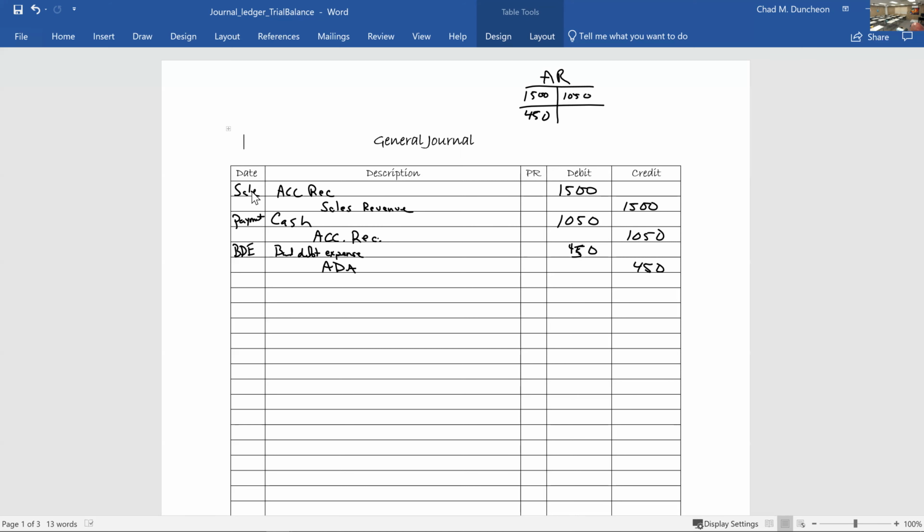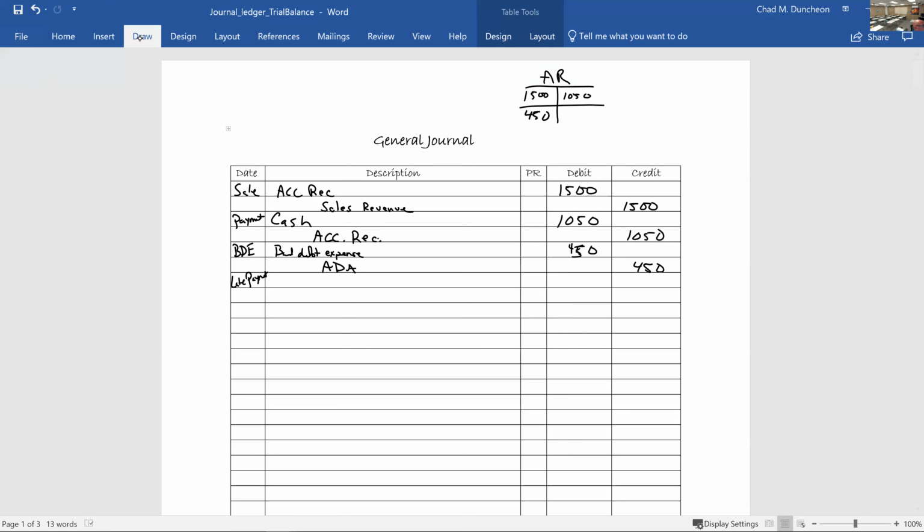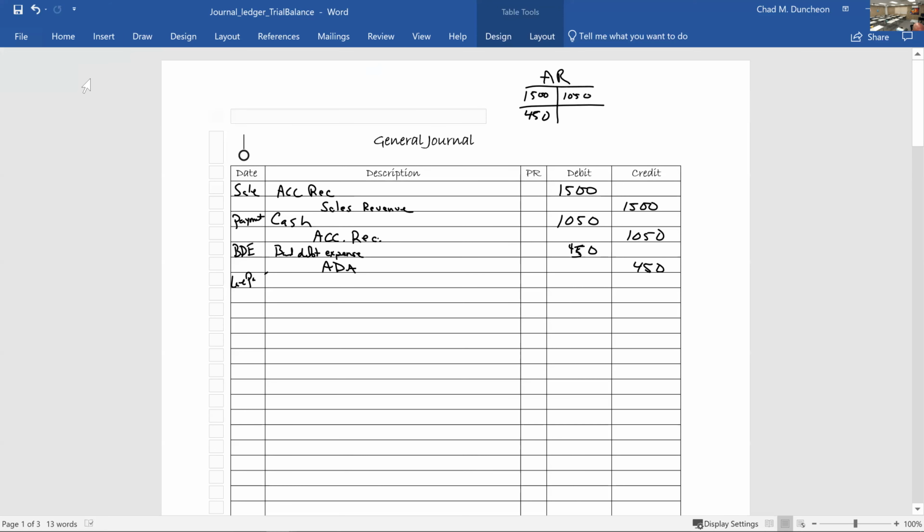Now, when they have a late payment come in, well, actually, I need to do something else. Don't worry about that bad debt expense entry. It had already been made.